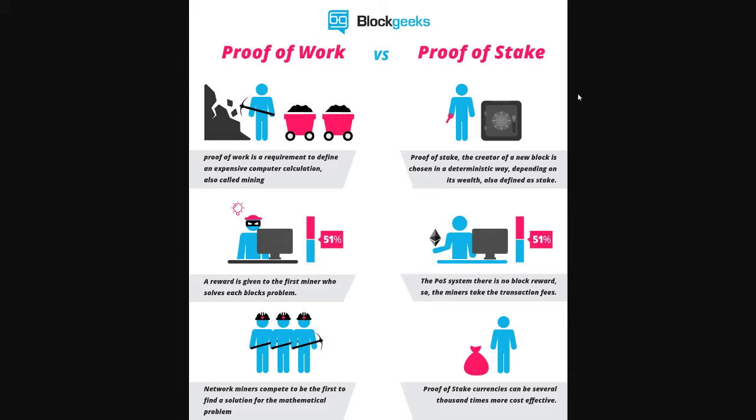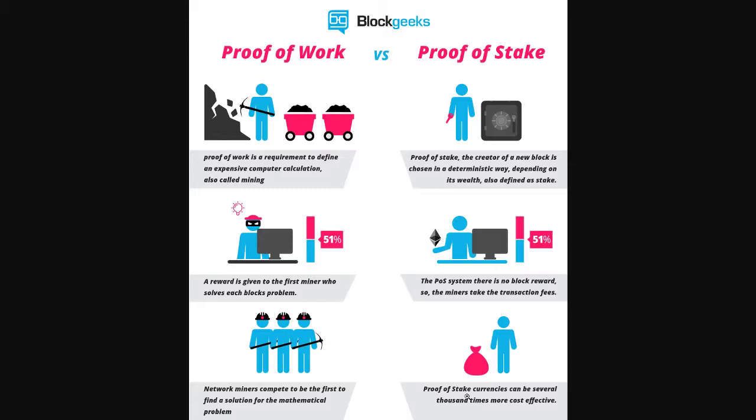Now that against proof of stake. So proof of stake, the creator of a new block is chosen in a, sorry, I can't even read that word, deterministic way, depending on its wealth, also defined as stake. In the proof of stake system, there is no block reward, so the miners take the transaction fees.